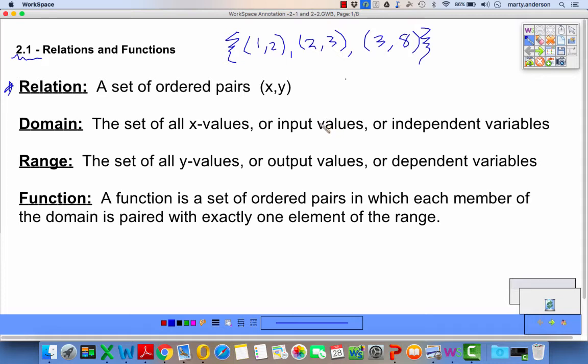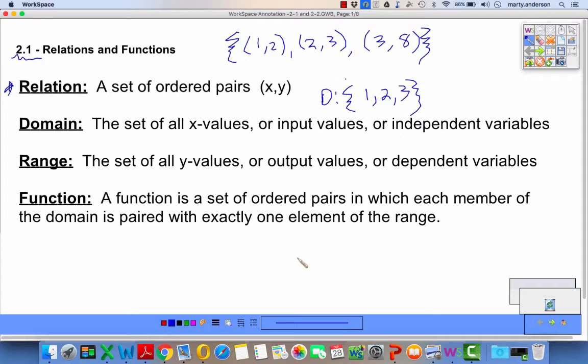The domain is the set of all x values, which is also known as the input values or the independent variables when we get into equations. In my example up here, my domain would be the set 1, 2, and 3. In this case, it's just a list of it.